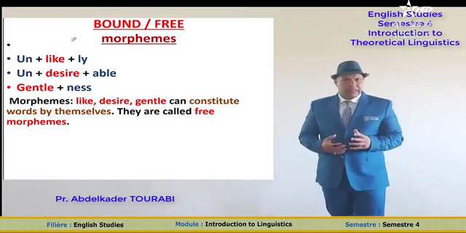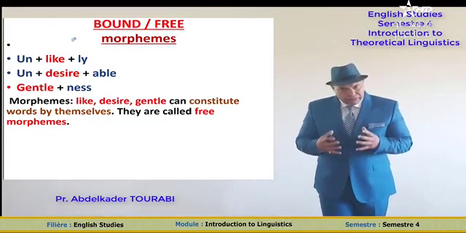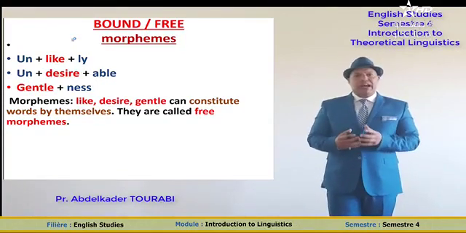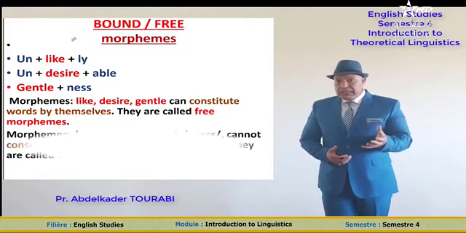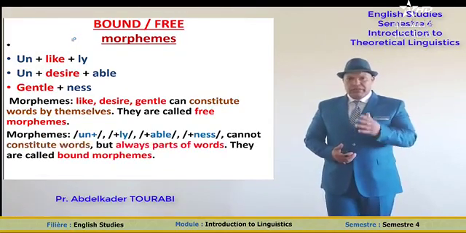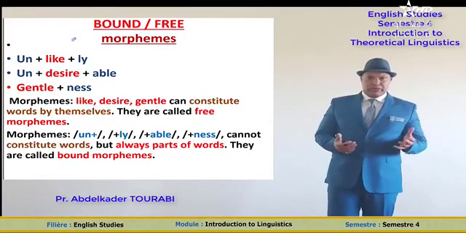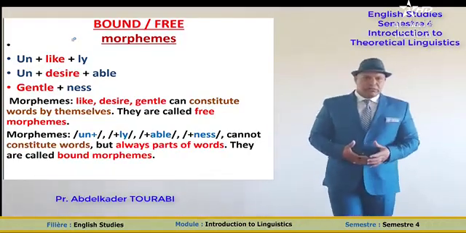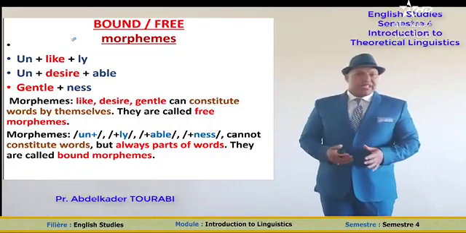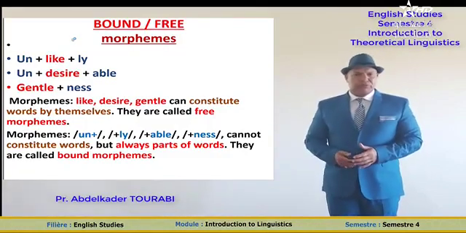They can stand by themselves. They can constitute a whole, complete meaning. They are called free morphemes. Morphemes like un, ly, ableness can't constitute words, and they can't stand by themselves, but are always part of words. They are called bound morphemes.